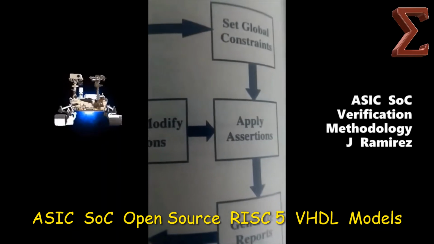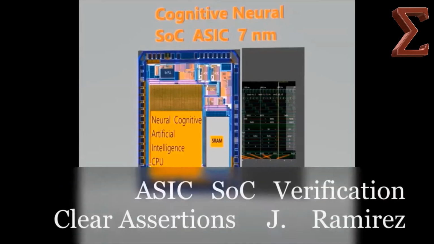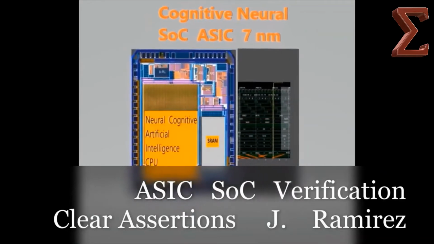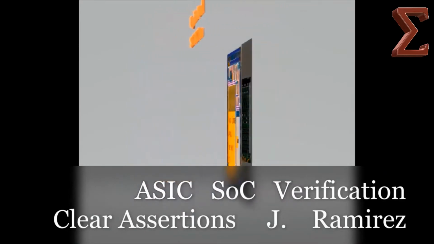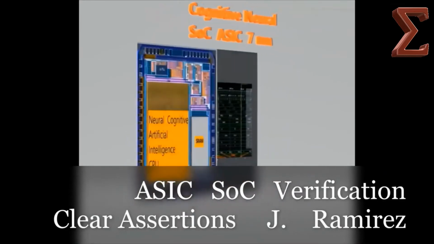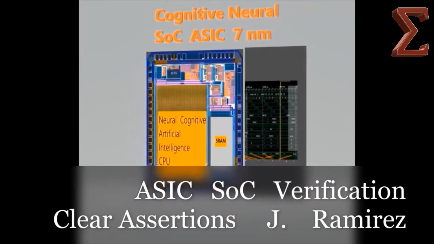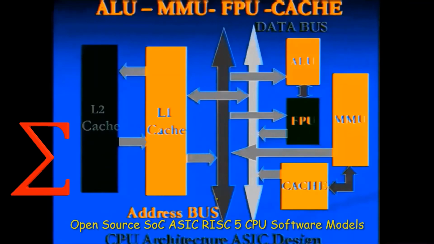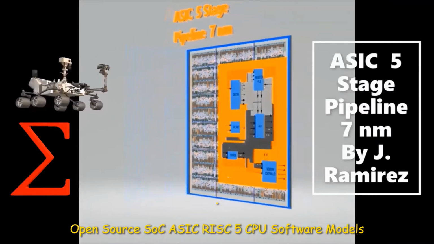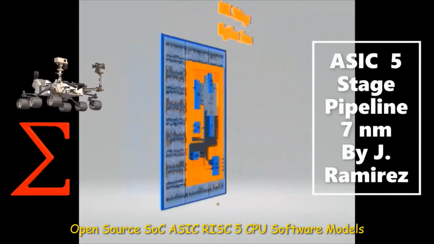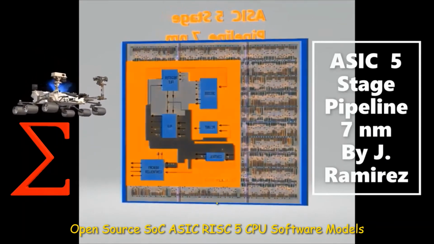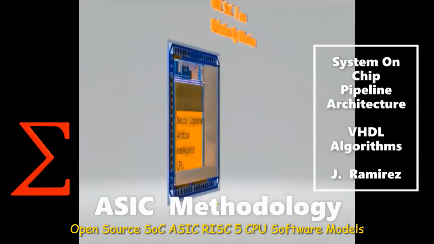Therefore, the VHDL software models were generated and written to guarantee that the synthesis would produce the desired result. The objective is to show the artificial intelligence system-on-chip VHDL implementation.